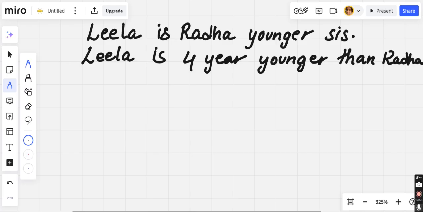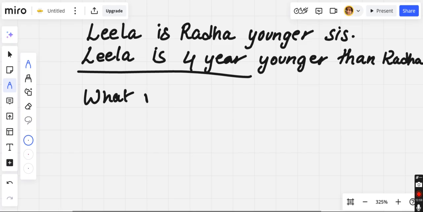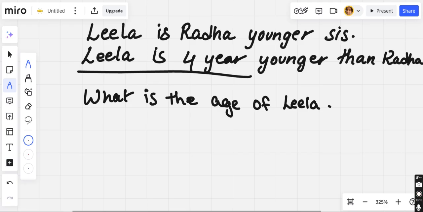So what is the age of Leela? Take Radha's age to be x years.